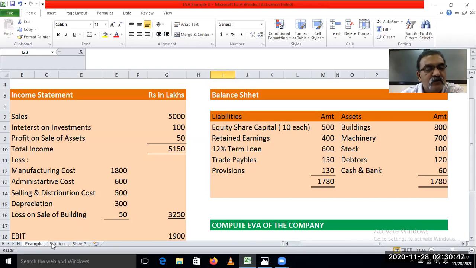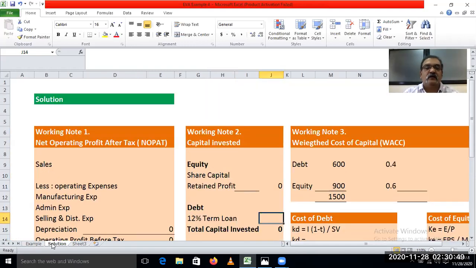So let's proceed to the solution. This is the solution. First working note, to find out the first component, net operating profit after tax, NOPAT. How to calculate operating profit: sales minus operating expenses. We have already discussed this in our introduction video.